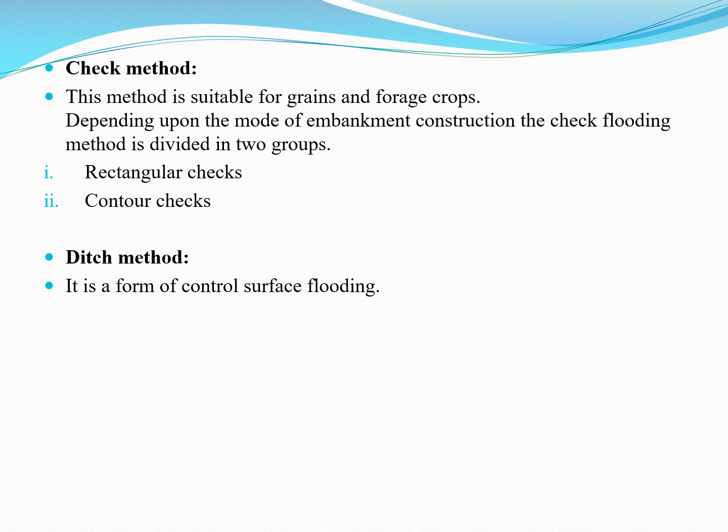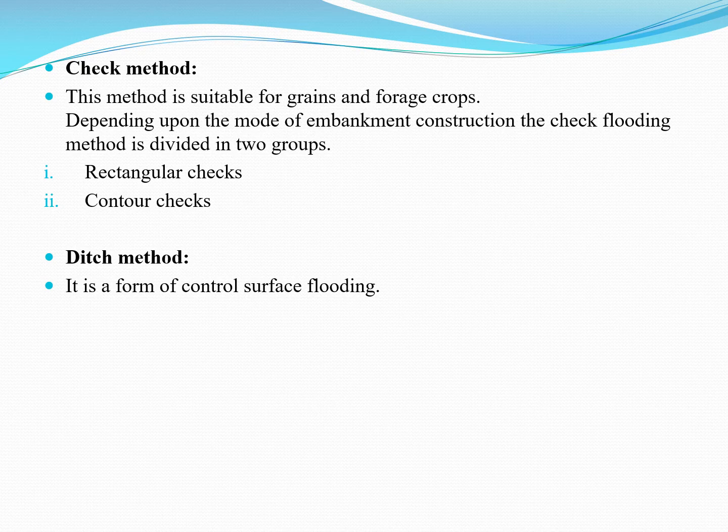Okay, and in this check method, generally 0.2 to 0.8 hectare area is preferred, and the embankments enclosing the plots should be about 25 to 30 centimeter high, and the width of that embankment at the base should not be more than 2.5 meter.